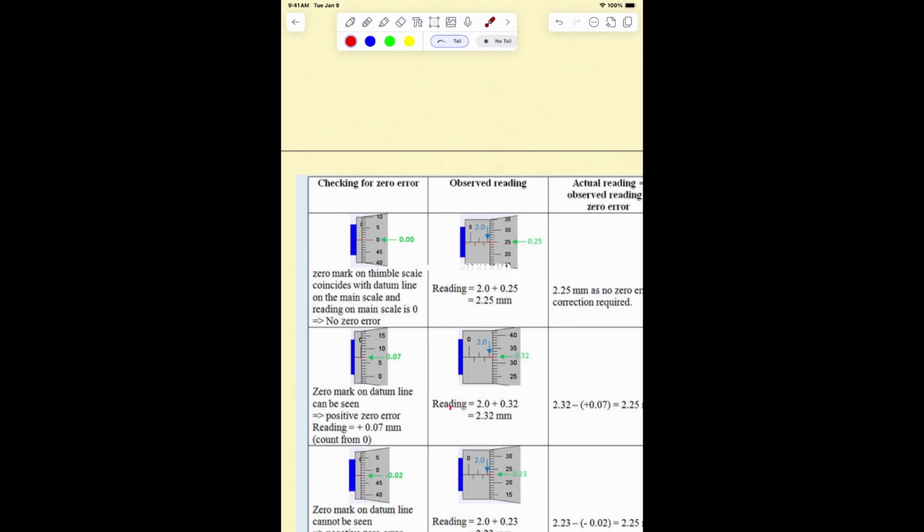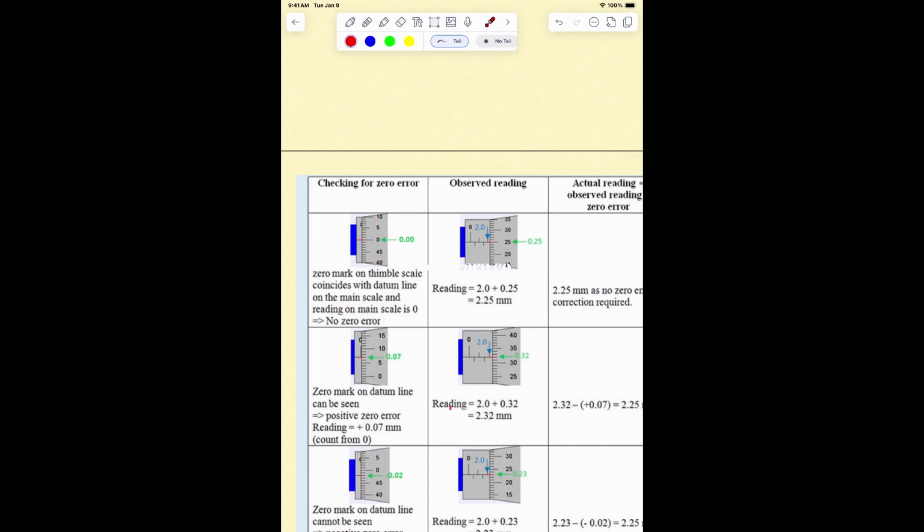Above the reference line, you are given graduations of 1 mm, 2 mm, 3 mm, etc. And below the reference line, you have 0.5 mm, 1.5, 2.5, etc. Therefore, the main scale has 1 MSD equal to 0.5 mm. The circular scale in this case has 50 divisions.